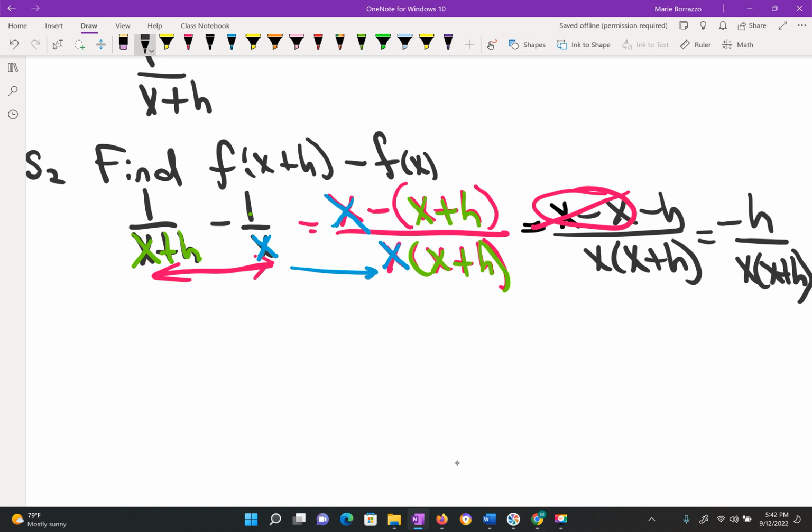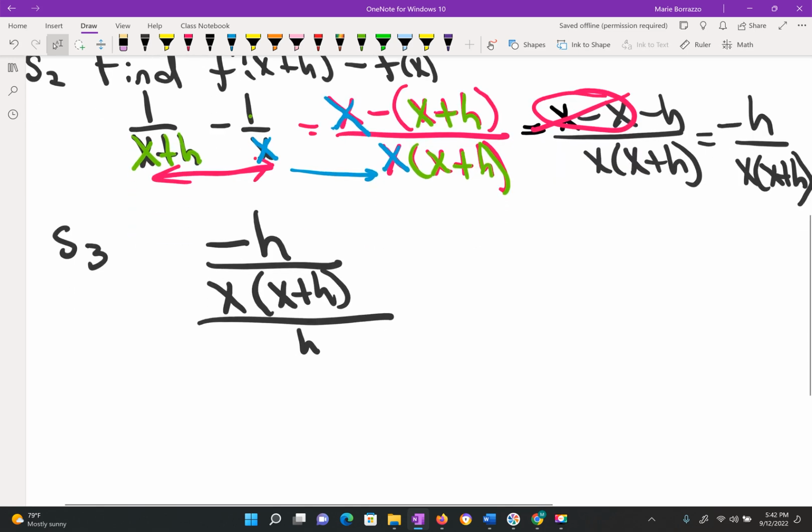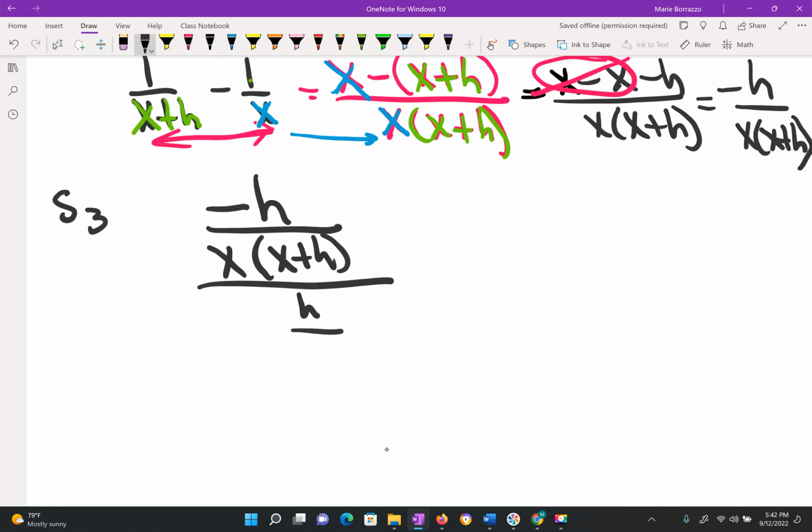Alright, and now we are going to do the math with the h. Since I have negative h, this is step 3, and again, I'm slowing down so we can follow the book. This is negative h over x times x plus h, but remember, all of the equation is divided by h, which in theory is really h over 1, isn't it?